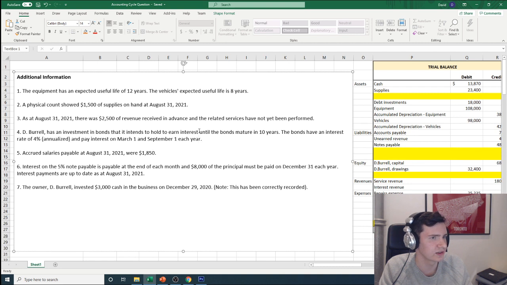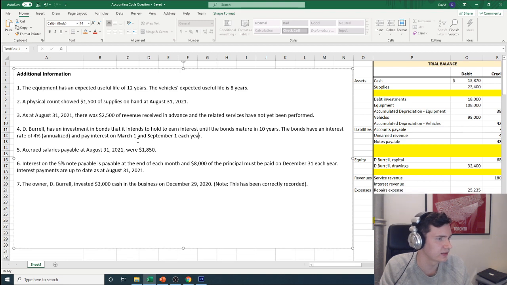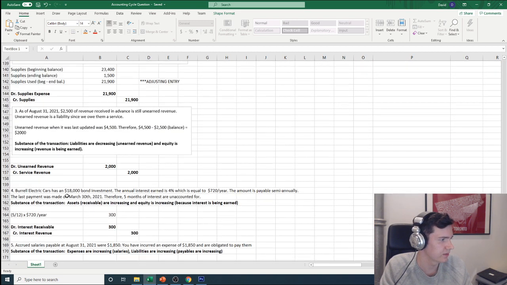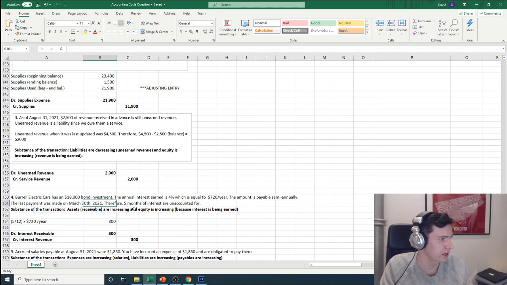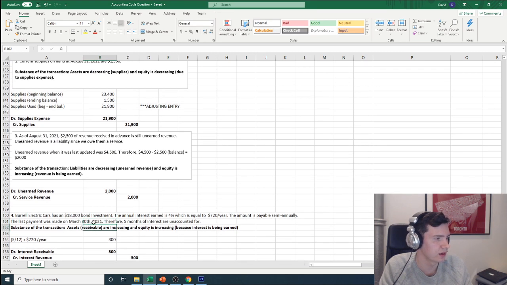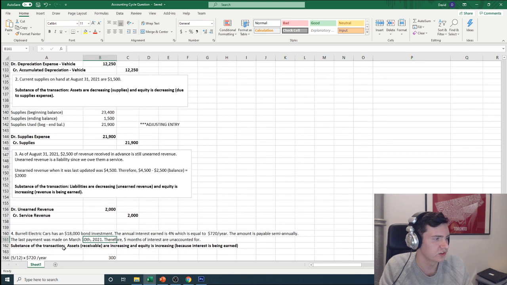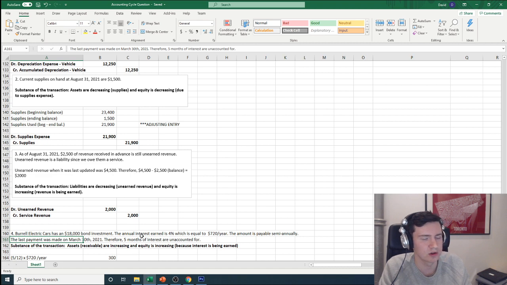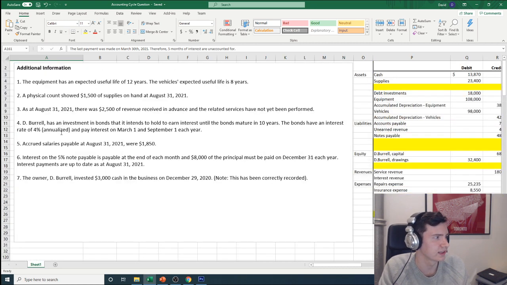In this case, we're looking at the last payment, which was made on March 1st. So we need to show the difference between March and September, which is April, May, June, July, August. And September 1st is the same as August 31st.